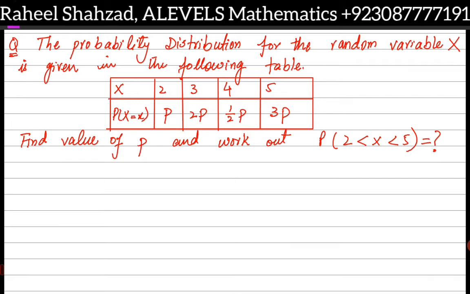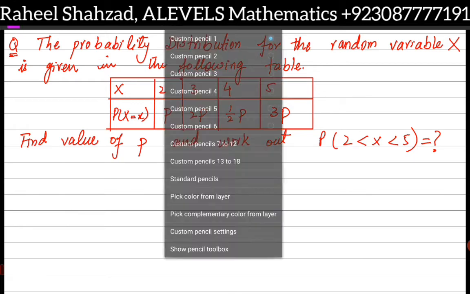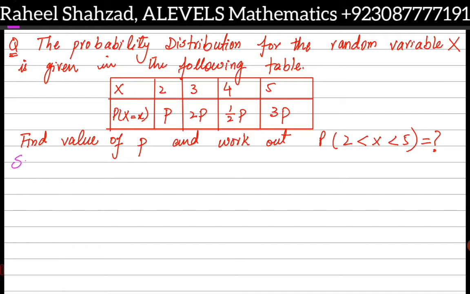Anyways, first of all, in this solution we know that the sum of all probabilities is equal to 1. So let's solve it. The sum of all probabilities is equal to 1. That means p plus 2p plus half p plus 3p is equal to 1.